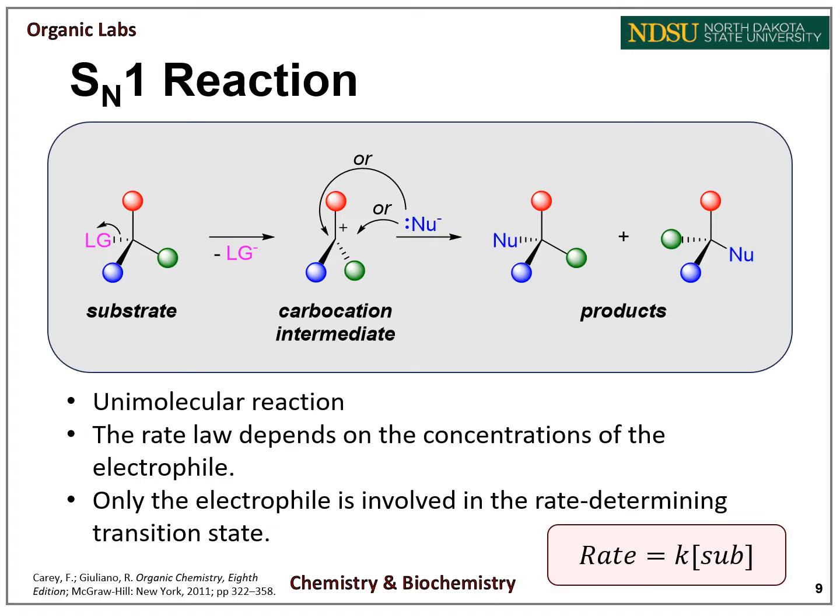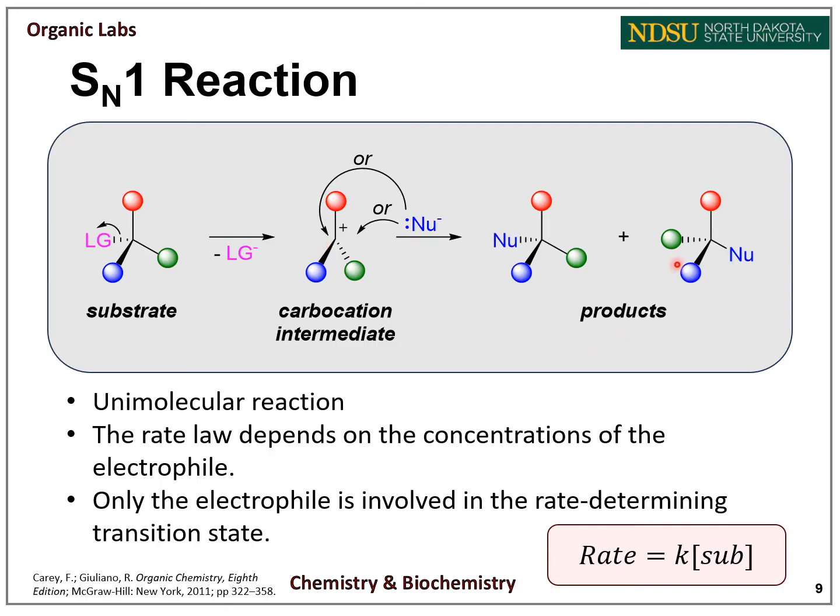The other kind of nucleophilic substitution reaction is an SN1 reaction. So again, S stands for substitution, N stands for nucleophilic, and the 1 means that this is a unimolecular reaction. So in this reaction, first a leaving group leaves, then we get this carbocation intermediate, where our nucleophile in this case can either attack from the front face here, or it can go around and attack the back face here.